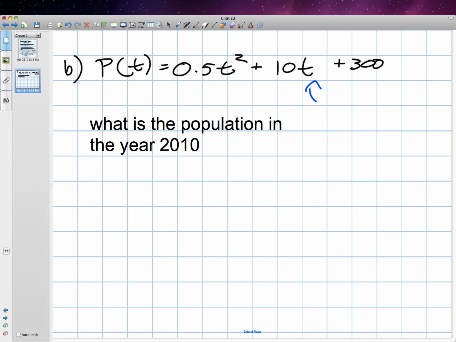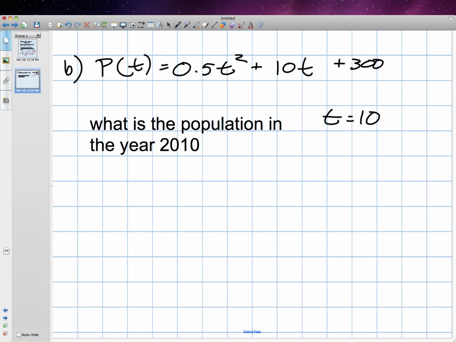Benedict? 10. Okay. Why would I plug the number 10 in if they're looking for the population in the year 2010? Okay, but why the number 10? Why not 2010? Okay, so the reason for this is because we're finding the difference.